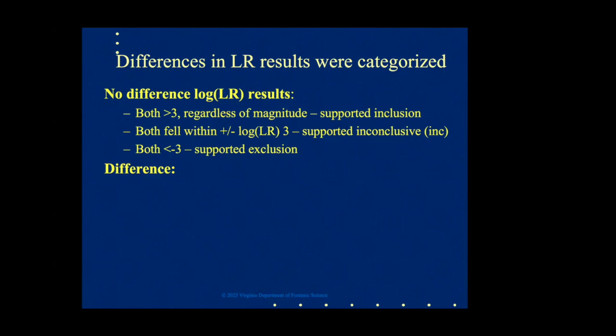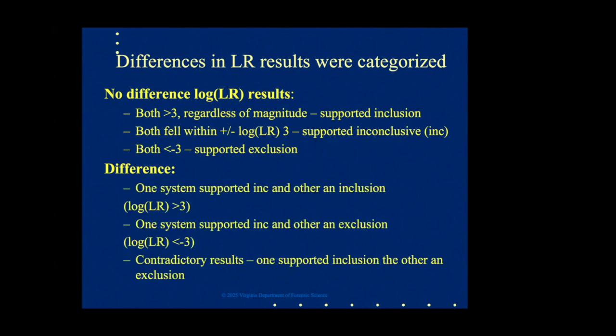If both log LRs fell within plus or minus log LR 3, that supported inconclusive as defined internally in our lab. And if both were less than -3, which supports an exclusion based on our criteria. It was categorized as a difference if, next, one system supported an inconclusive and the other an inclusion. One system supported an inconclusive and the other an exclusion. And if they were actually contradictory, where one supported an inclusion and the other supported an exclusion.